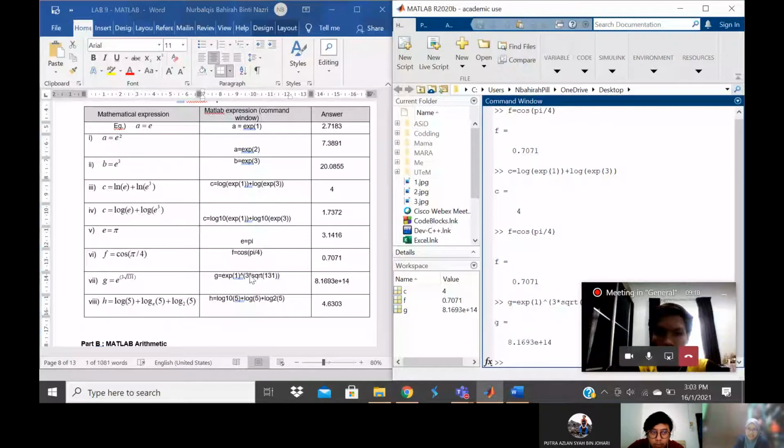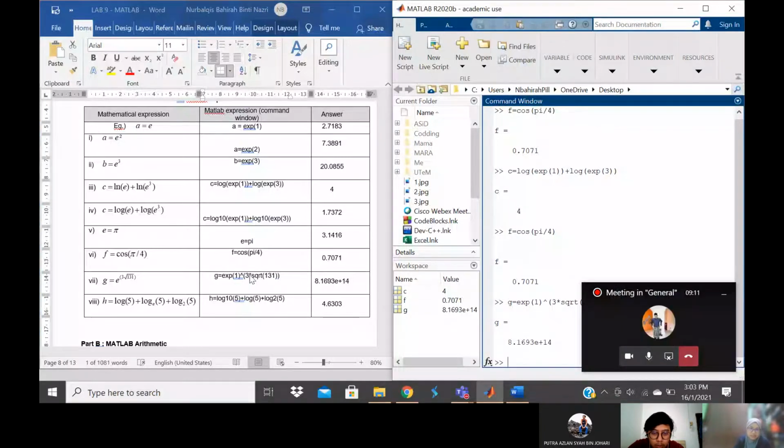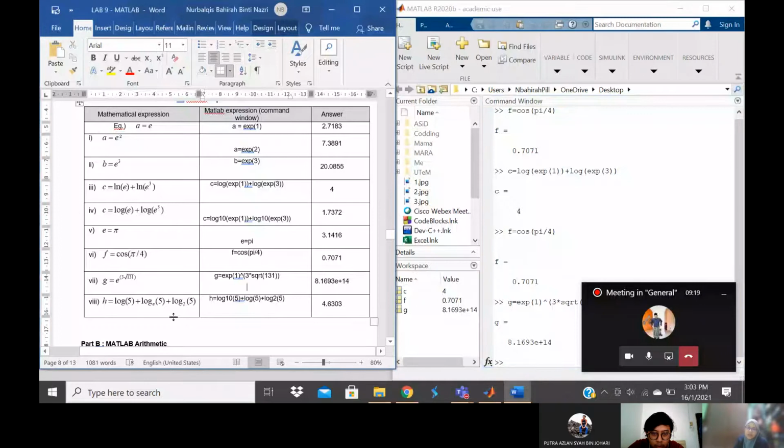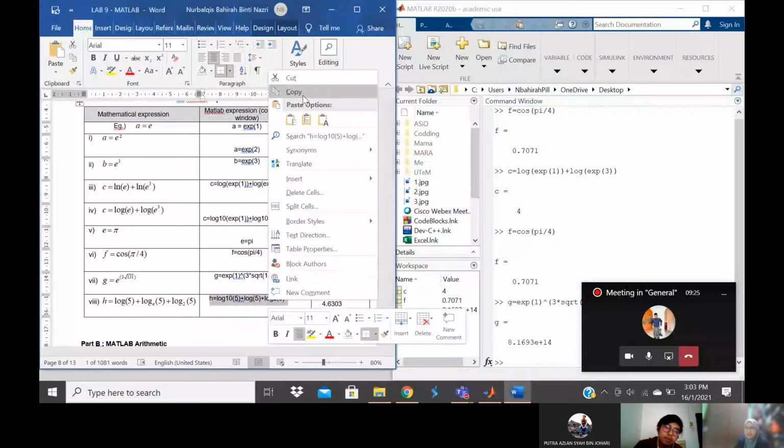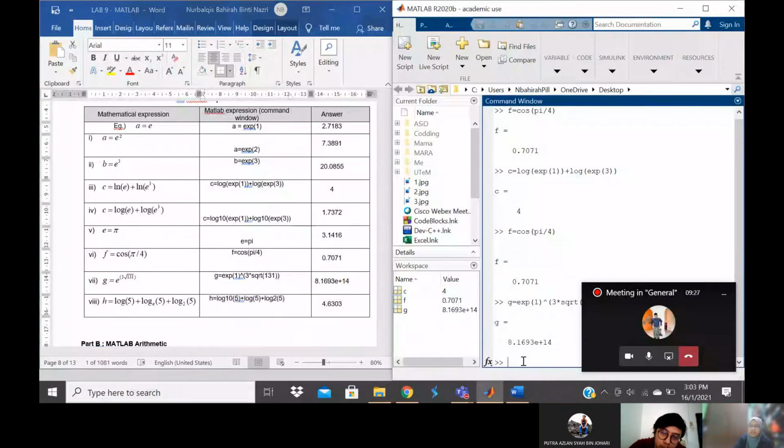I'm sorry, I don't know the symbol name. For the last equation, we are using e and this. We are using log e equal to log. Log 10, we just write log 10.